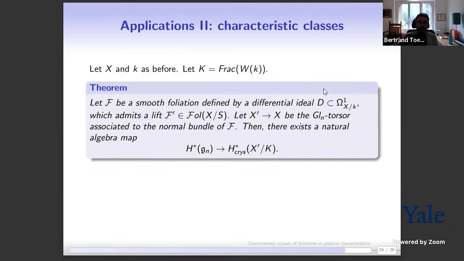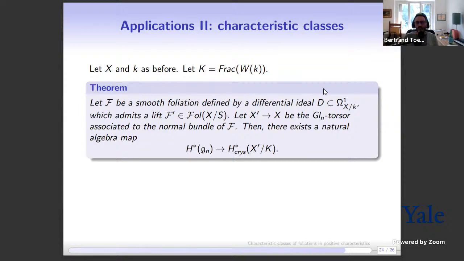And then about these characteristic classes, let's suppose we are in the same situation as before. X is a smooth variety over K, K is perfect of characteristic p. This statement is only rational. We think there is an integral version, but we don't know how to do it now.